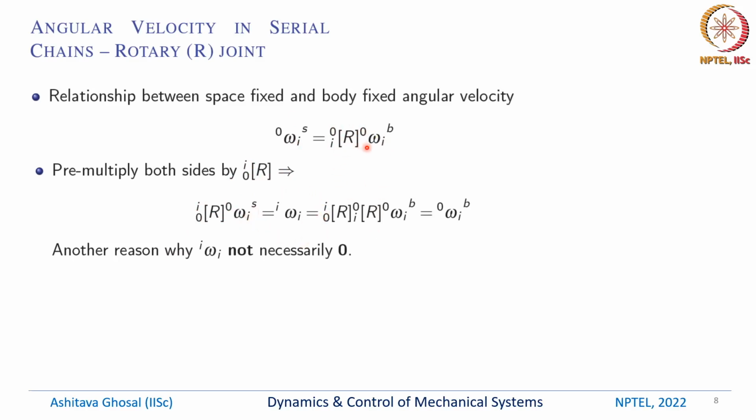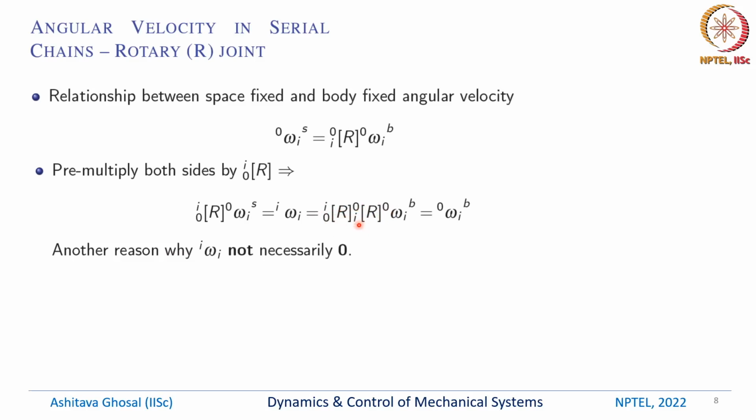And what is happening to the right hand side? I have ^i_0 R, which is this, multiplying ^0_i R, which is as before. Now the product of these two matrices is nothing but identity, because this is the 0 coordinate system with respect to i, and this is the i coordinate system with respect to 0. In our mind, if you think of these as two matrices, we can cancel the zeros and we have ^i R_i.